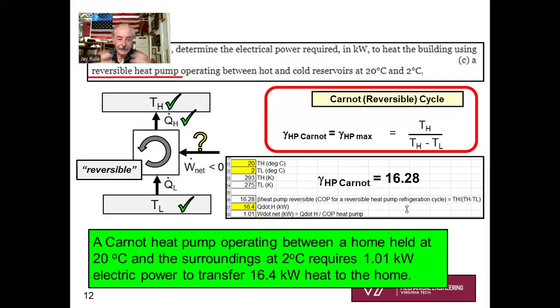And again, you see how, gee, if somebody gives you the formula, it's child's play to get a numerical result. So I've written it out. A Carnot heat pump operating between a home held at 20 degrees C and the surroundings at 2 degrees C only requires 1.01 kilowatts of electric power to transfer 16.4 kilowatts of heat into the home.